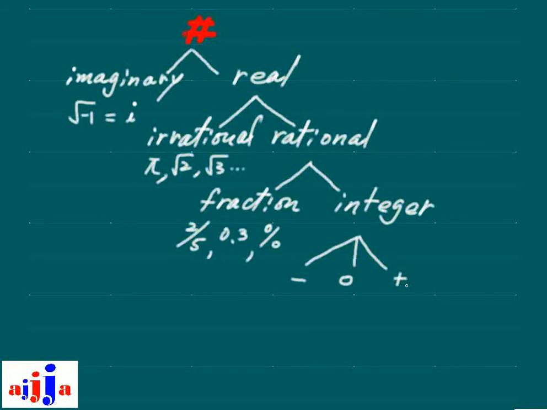So negative, zero, positive. Now positive integer, from here, no zero. Zero is not included right here. So you know what we call this? That's natural number. That's right, natural number.